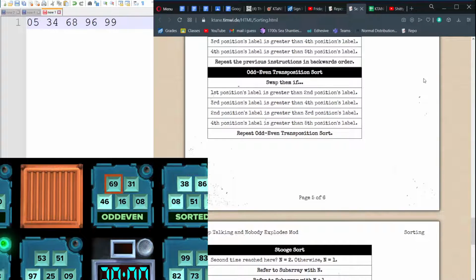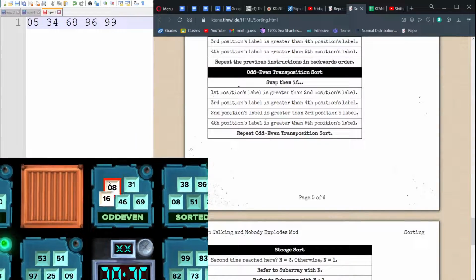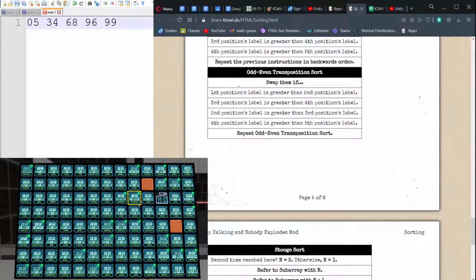So 1 and 2, then 3 and 4, then 2 and 3, then 4 and 5. Again, let's repeat. So 1 and 2, then 3 and 4, then 2 and 3, then 4 and 5, and then repeating again, 1 and 2, 3 and 4, and a solve.